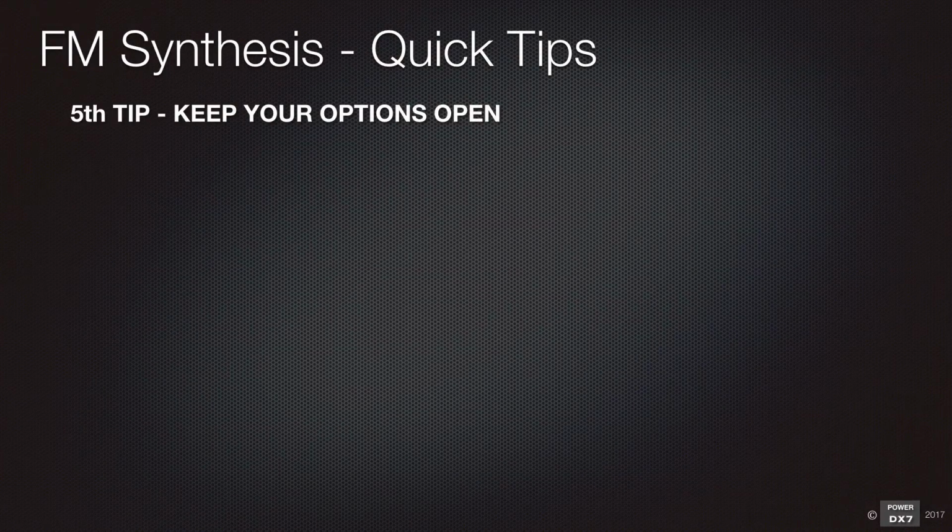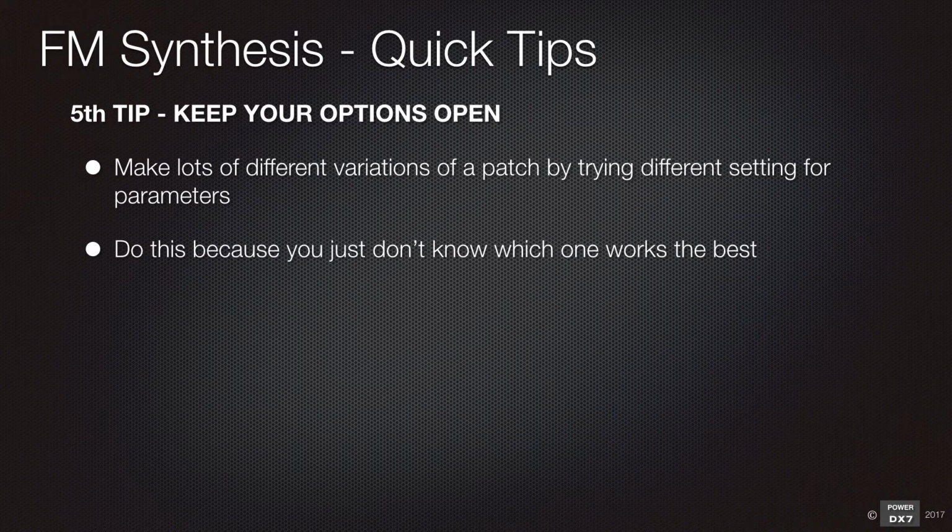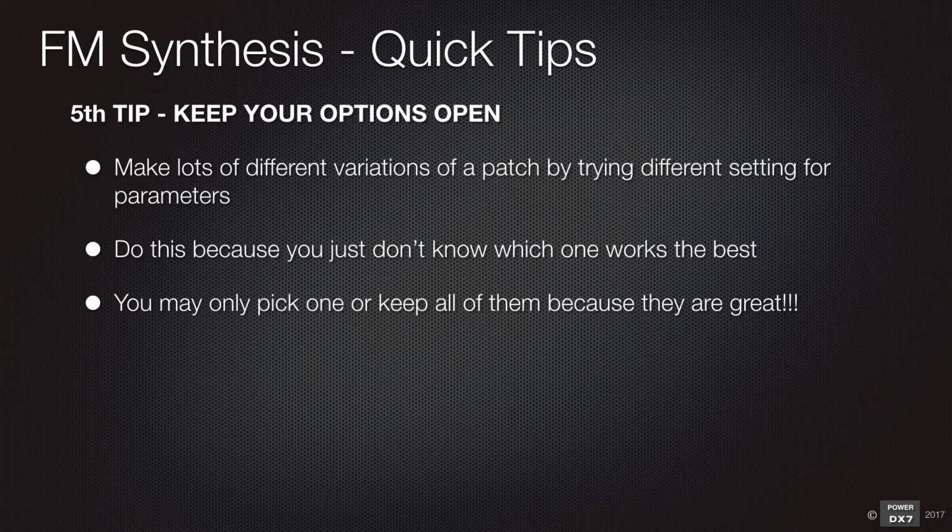The fifth tip is to keep your options open. When you change or make a patch, be prepared to make lots of different variations of that patch. This means that you may try different settings for a particular parameter and see which one works best. Because you just don't know what works and doesn't work, you can explore different ways to change and make a patch. You can pick the best one, or you may even like all of those patches.